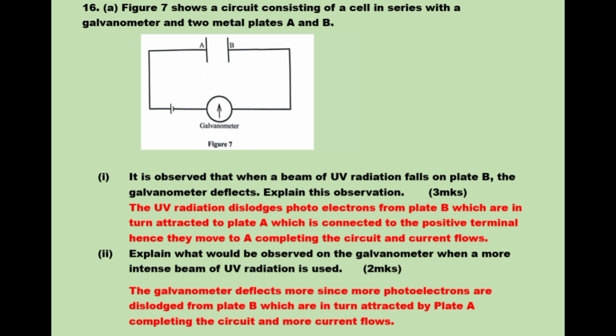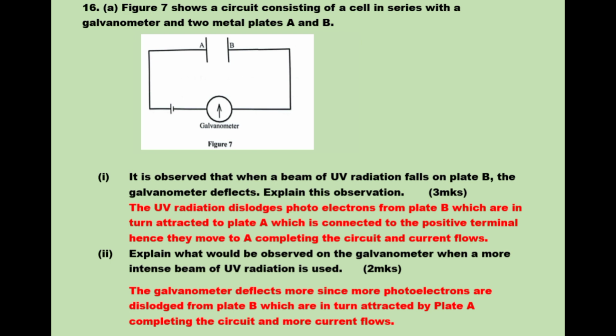Explain what would be observed on the galvanometer when a more intense beam of UV radiation is used. The keyword there is more intense beam of UV radiation. The galvanometer deflects more, since more photoelectrons are dislodged from plate B, which are in turn attracted by plate A, completing the circuit, and more current flows.